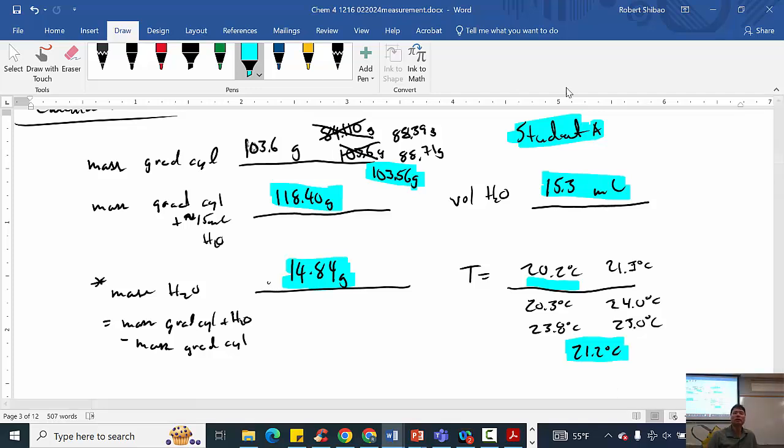Volumes. I want to make sure people are recording the volumes correctly. What did you get for 15? Point what? 14.7? Okay. Any others? 14.95 is not good. The markings are 14, 15, so it's between 14 and 15.